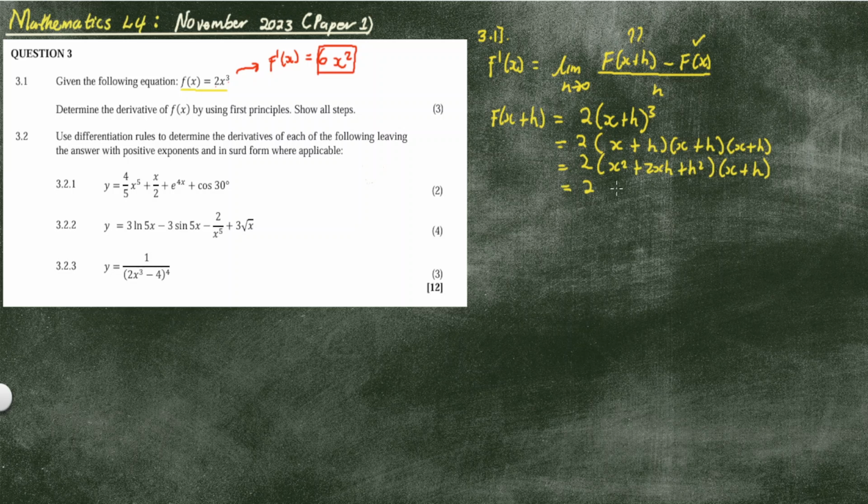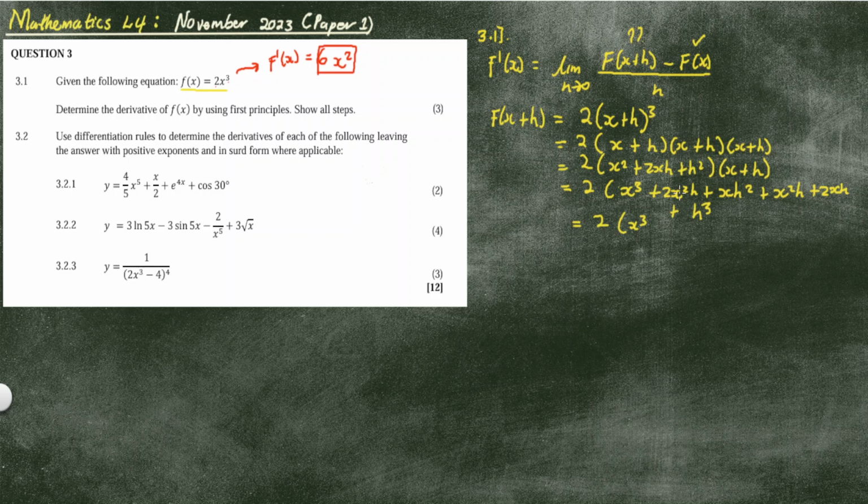Then we multiply x times x squared, it's x cubed, plus 2x squared h plus xh squared, then we multiply by h: x squared h, then 2xh squared, plus an h cubed.